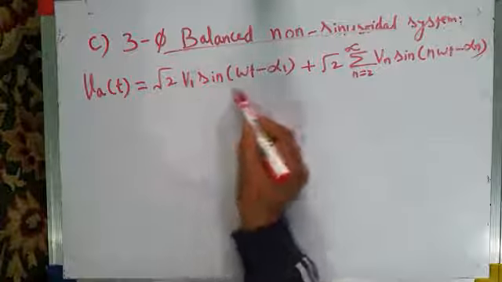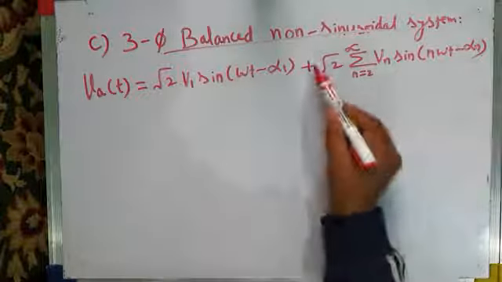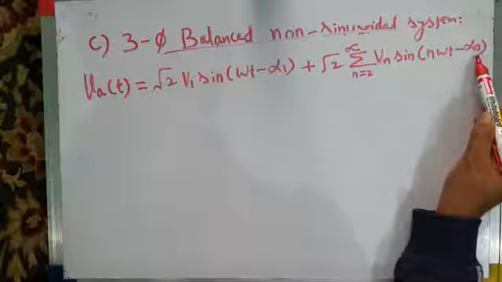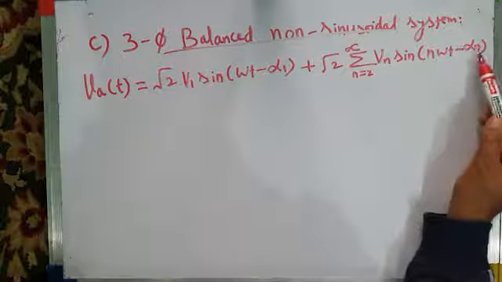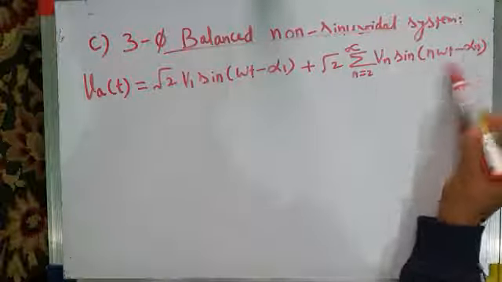So this is the fundamental component of the source voltage, and this is the summation of harmonics, like root 2 V2 sine of (2 omega t minus alpha 2) plus root 2 V3 sine of (3 omega t minus alpha 3) plus root 2 V5 sine of (5 omega t minus alpha 5), and so on.